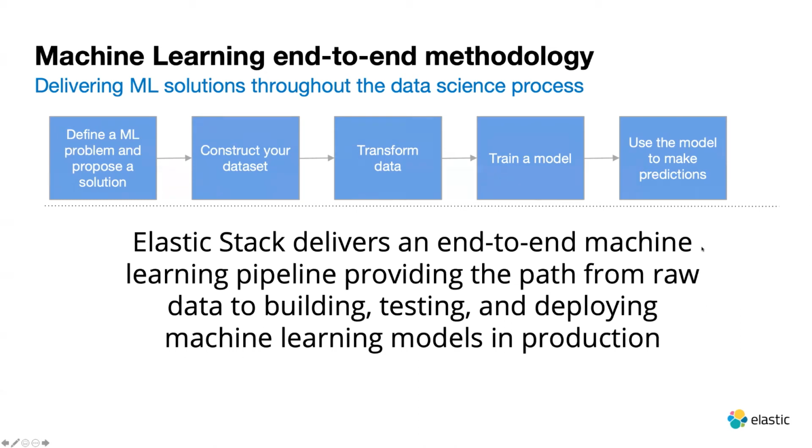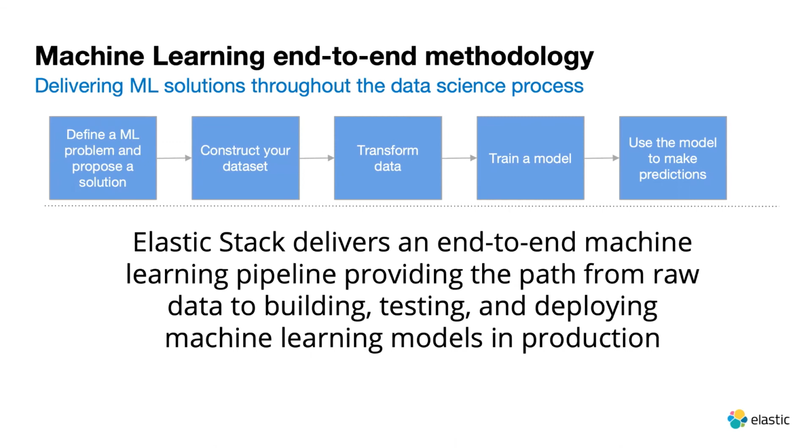We want you to be able to do this within Elasticsearch so you don't have to spend all your time converting one data format to another. That's doing data science as you do data science, instead of doing ETL. So we want you to be able to make that transformation easily within Elasticsearch.